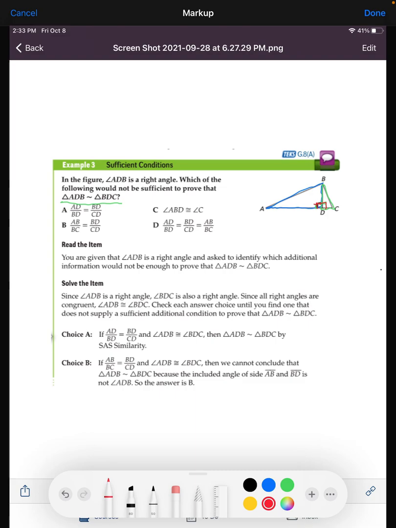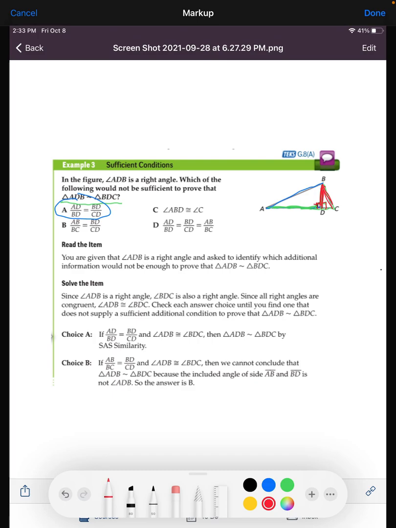Now we need to see, do we have proportions of the sides that are equal to each other? So let's see what information they gave us. For A, we have AD over BD equals BD over CD.